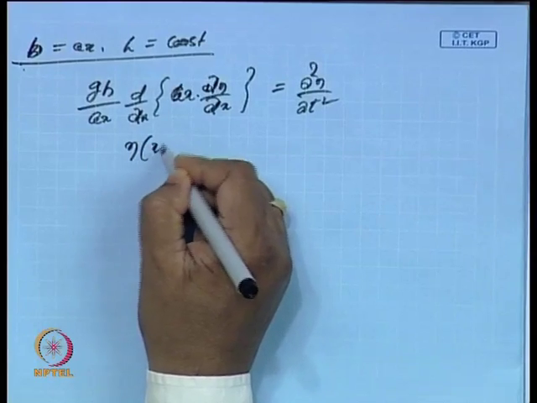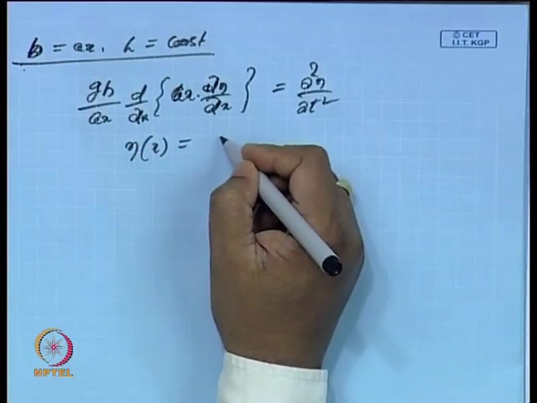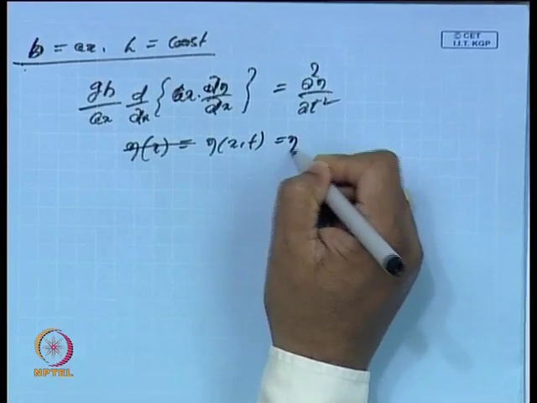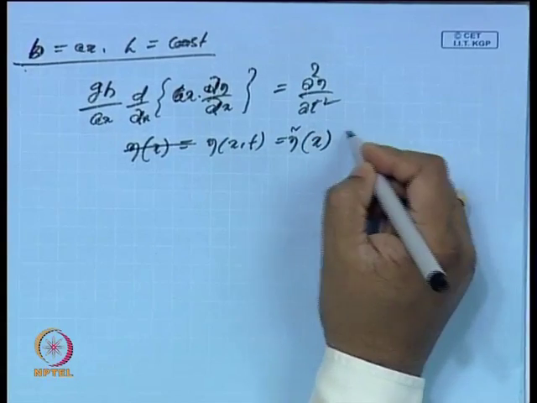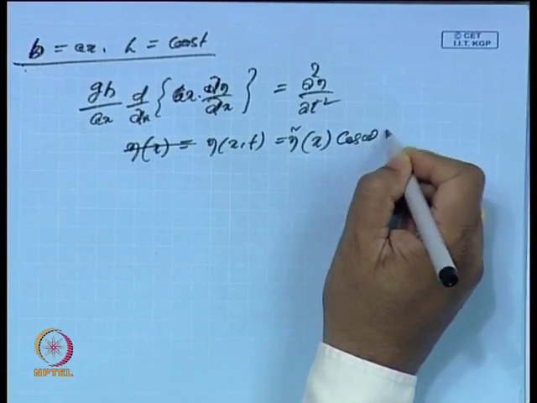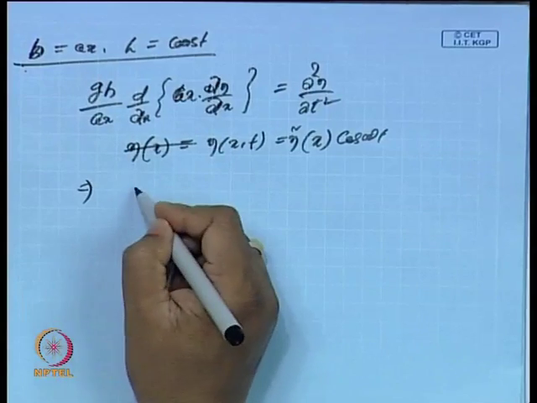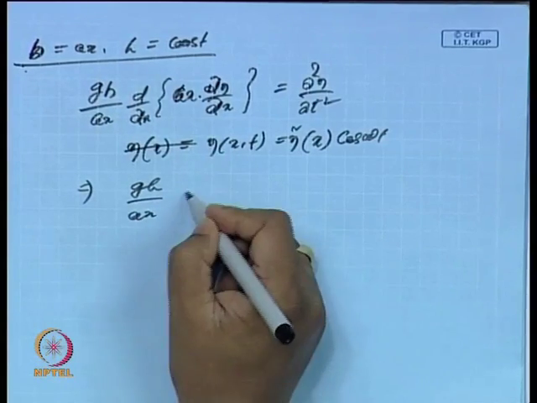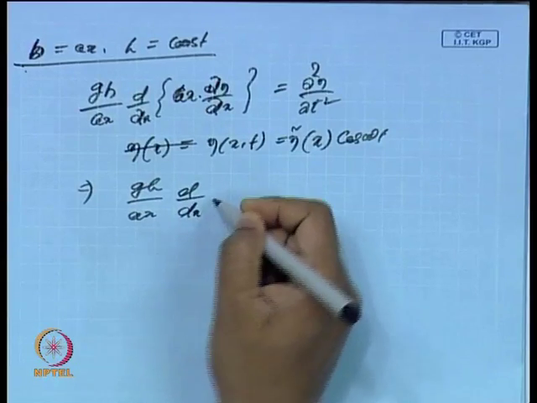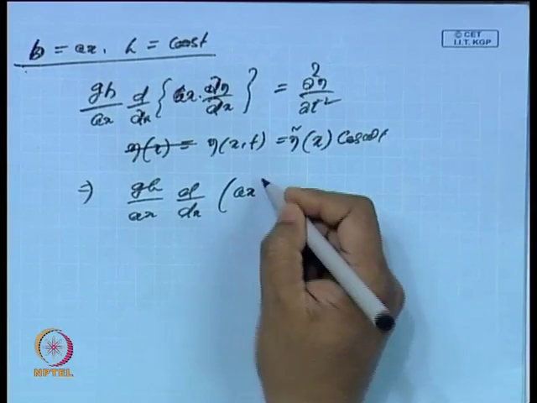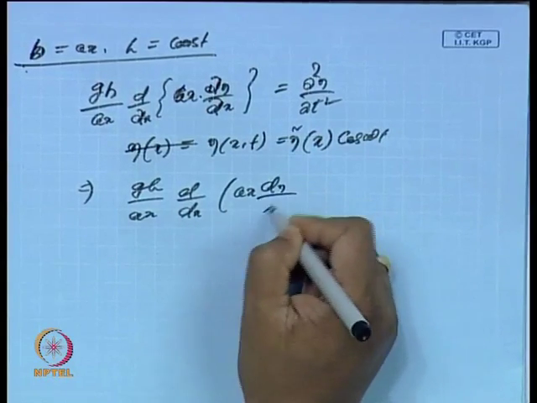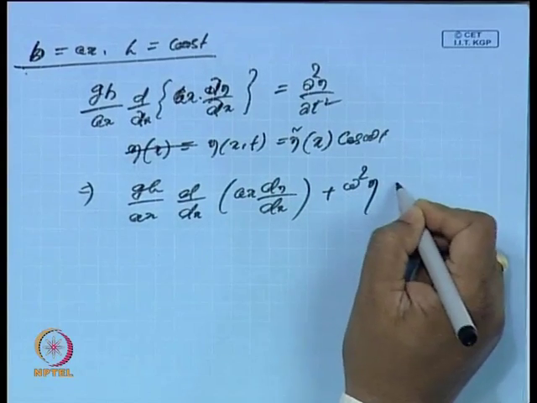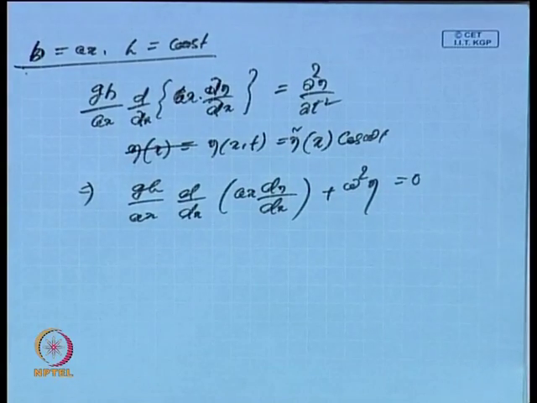If I write eta(x, t) equal to eta(x) into cos omega t, then this equation will give me g h by a(x) into d by dx of a(x) d eta by dx plus omega square eta is equal to 0.